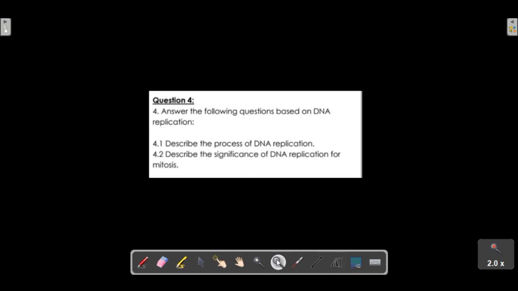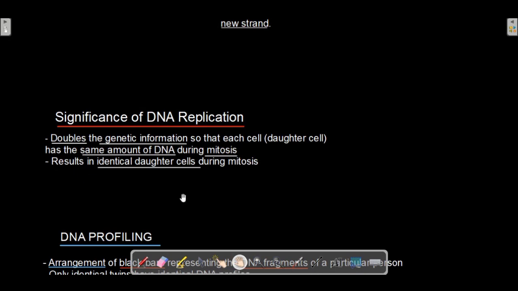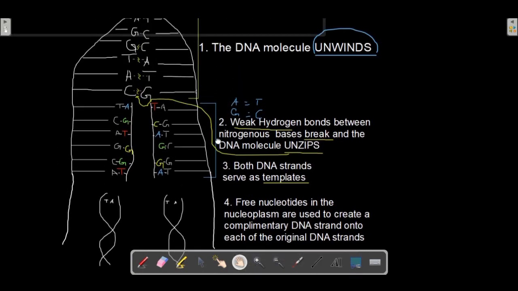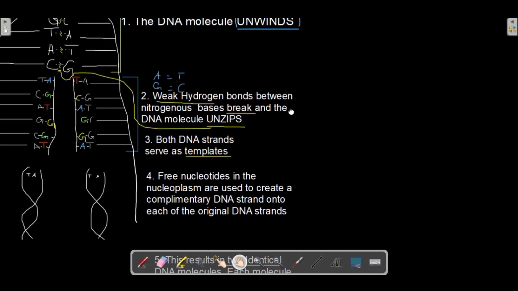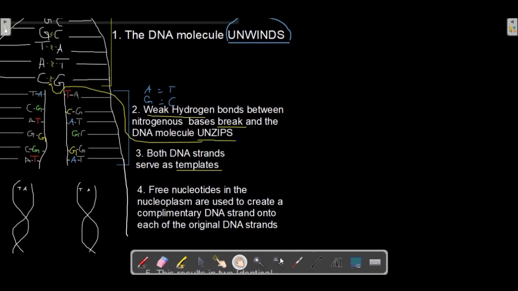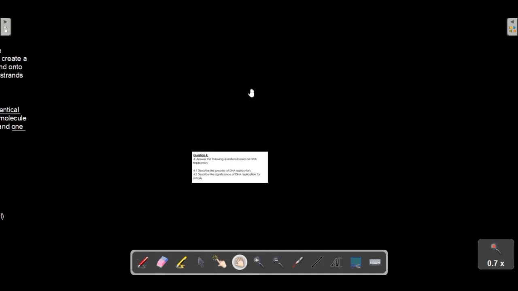So that is the significance of DNA replication. This is what we wrote down. Of course, guys, this is what you'd have to write, and I don't want to waste any time writing all of this, so that should be it.